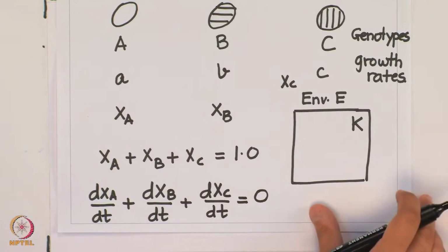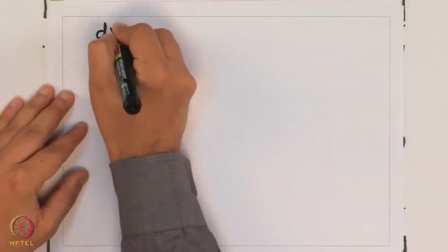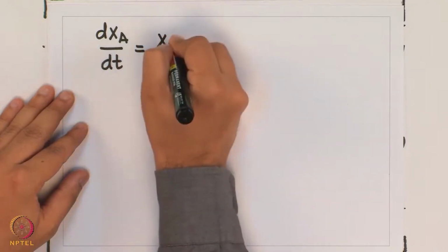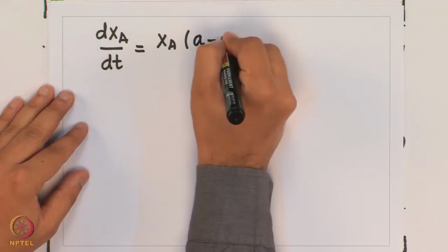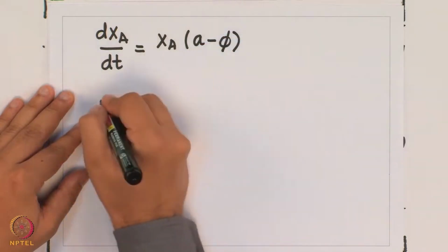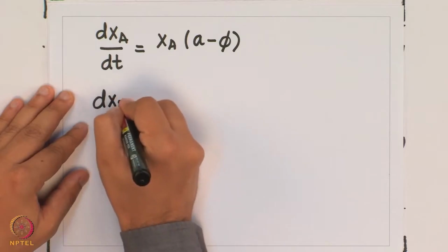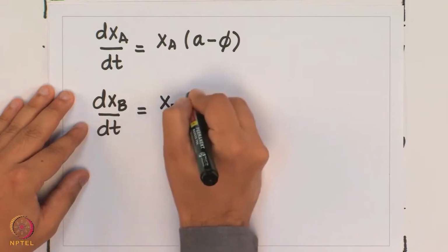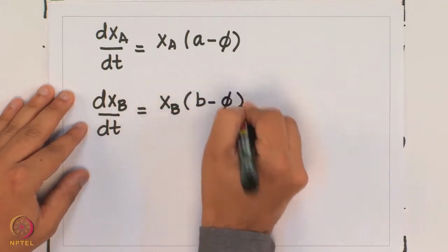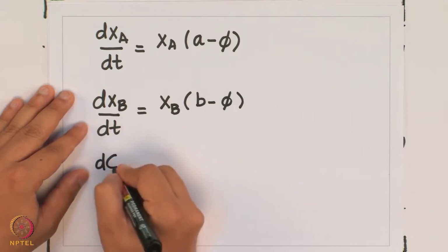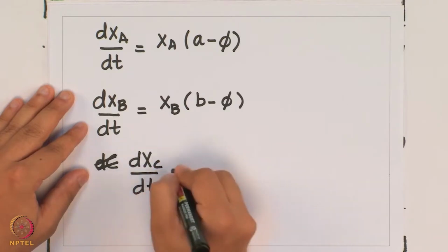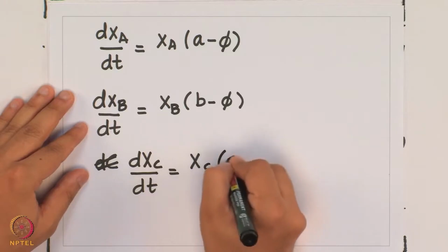And the consequent differential equations that dictate the dynamics of this process can be written as dxa by dt equals xa into a minus phi, where phi is an unknown just as we had last time. dxb by dt is equal to xb into b minus phi, and dxc by dt is equal to xc into c minus phi.